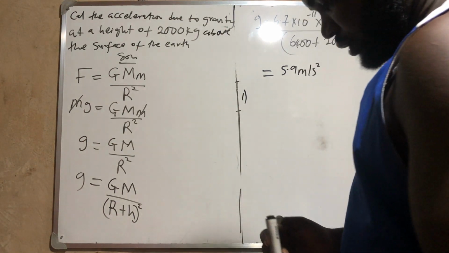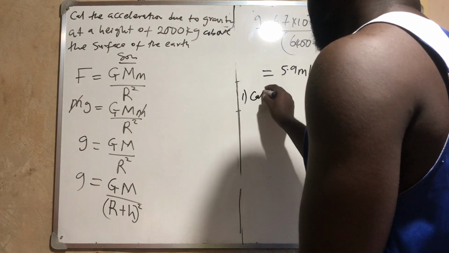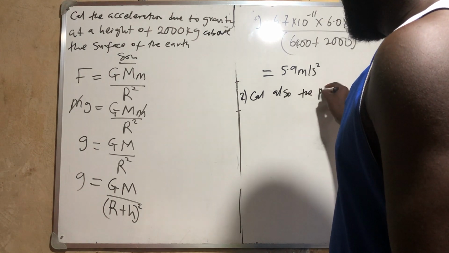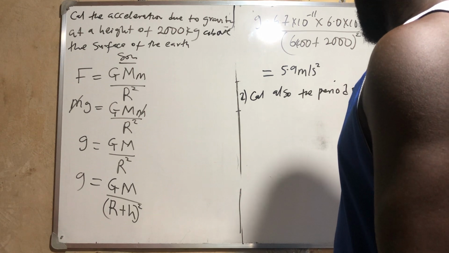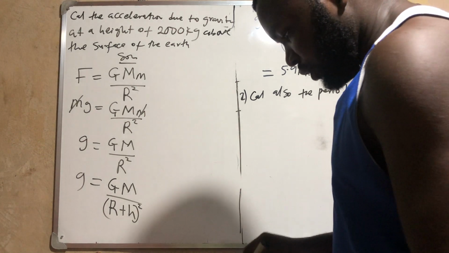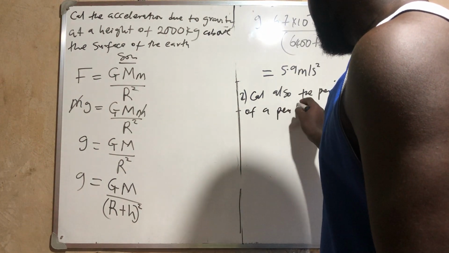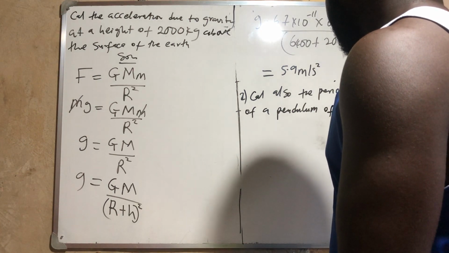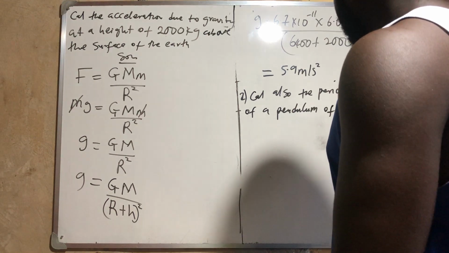So the second question said: number 2, calculate also the period of oscillation of a pendulum of length 4 cm at this height.